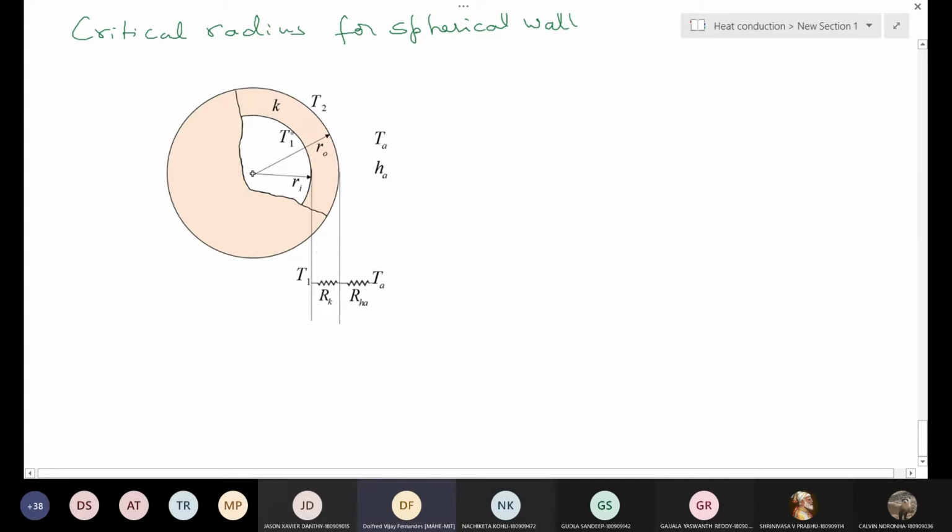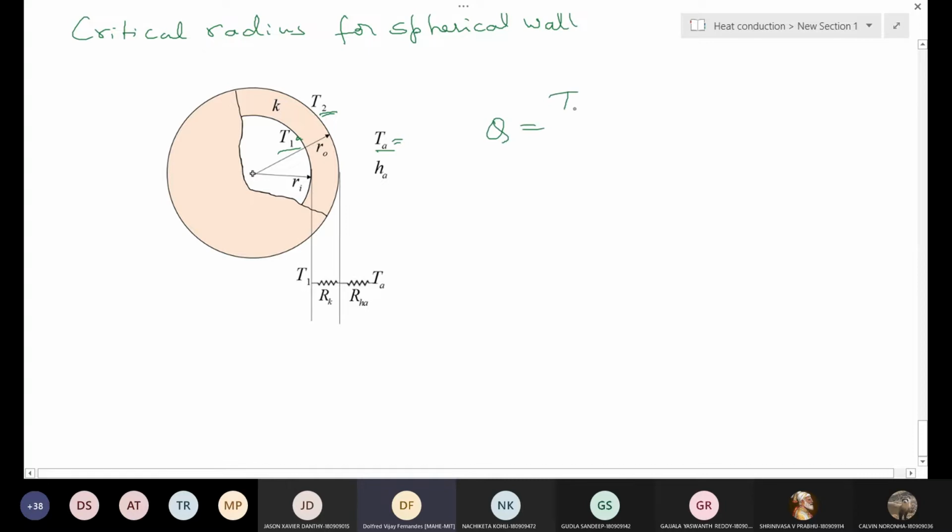We have the temperature inside the wall, which is T1, and outside wall temperature is T2. And this spherical wall is in the environment, the atmospheric temperature is TA, and the heat transfer coefficient is HA. Now Q can be written as here.